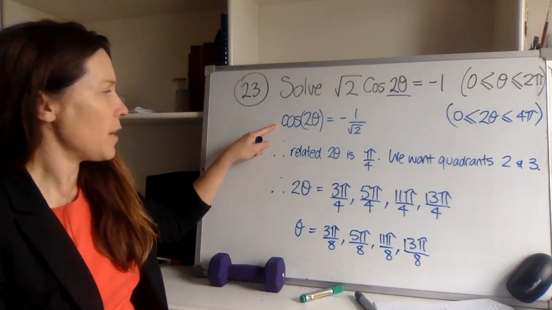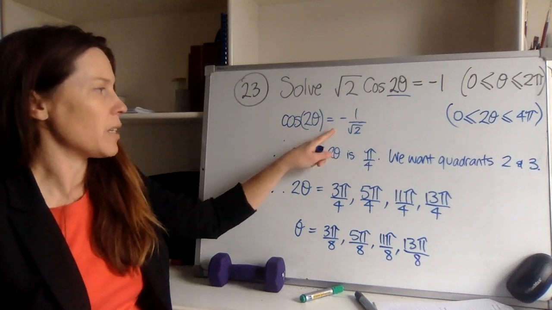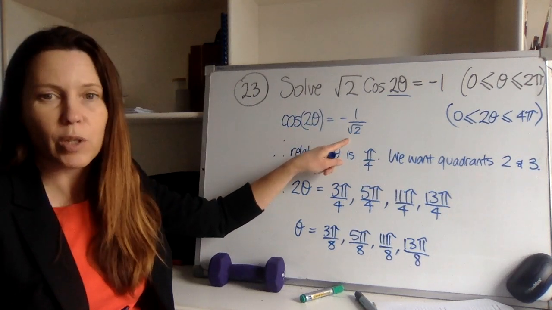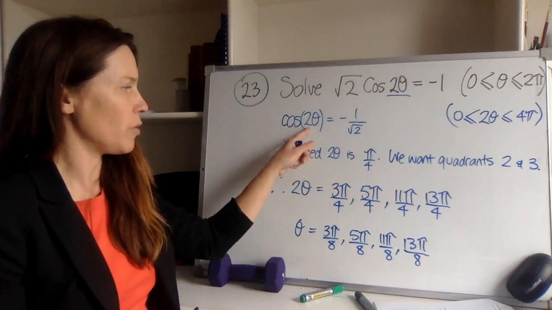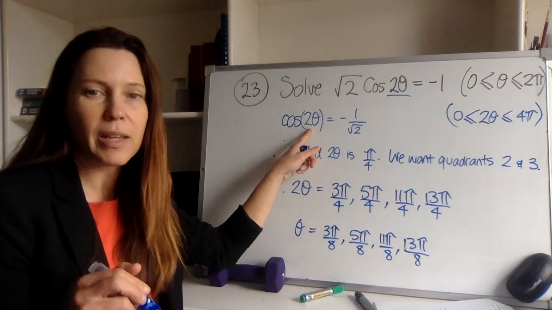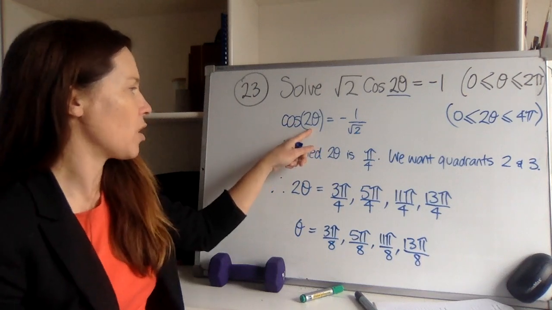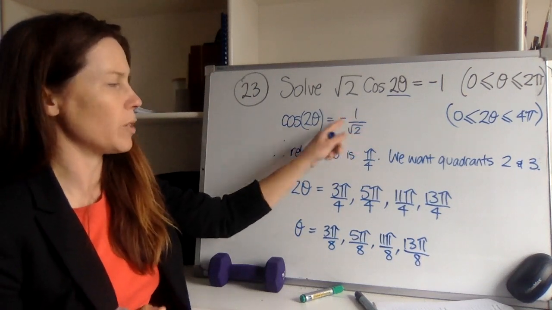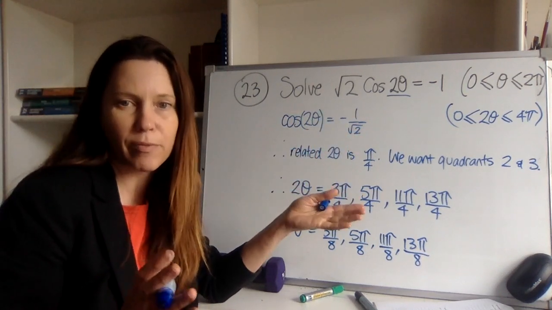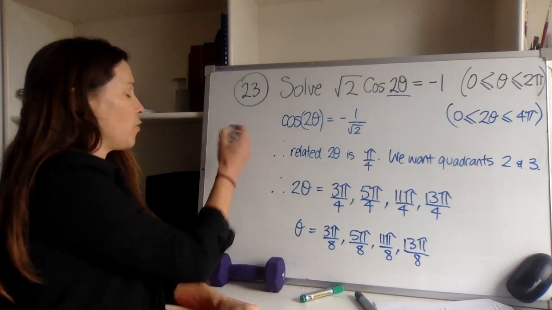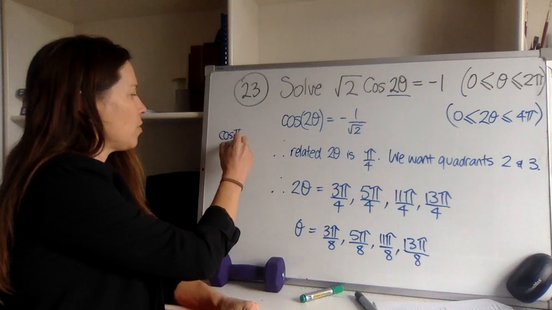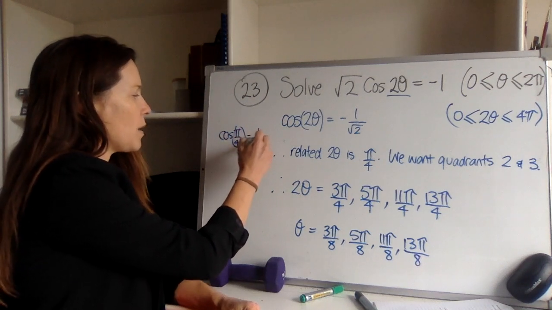So if I know that the cos of some angle is negative 1 over root 2, my first step after that is to find the related angle for this 2 theta. Now when I say related, ask yourself, the cos of something is 1 over root 2. Leave the negative out of it and just think about the first quadrant answer. Now I know that the cos of 45 degrees, or pi on 4, is equal to 1 over root 2.